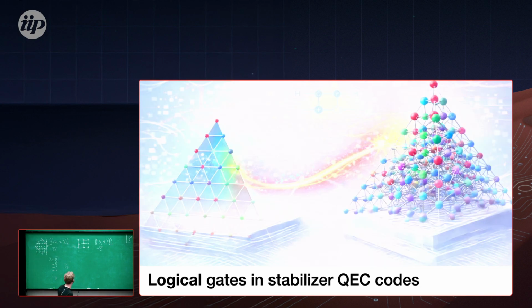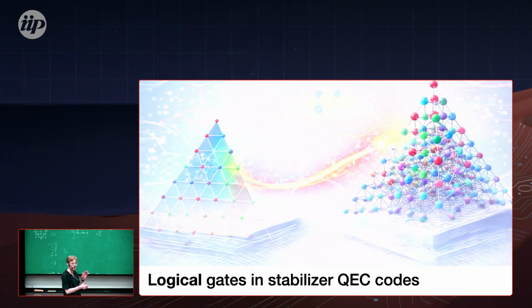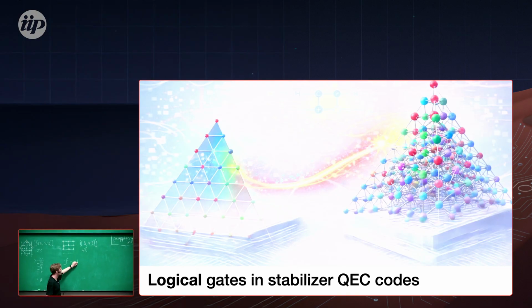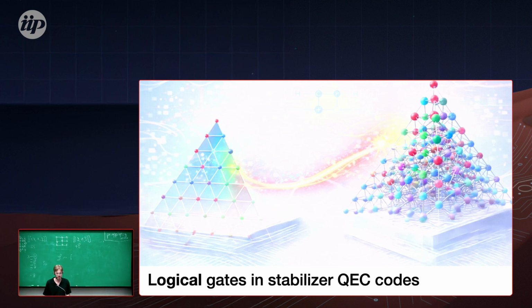Okay, we have talked about stabilizer measurements. And these stabilizers, what they do on the code space is basically nothing, right? They remove errors with the correction, but they actually implement something like the identity on our logical state.